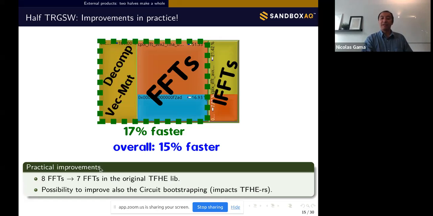And since the FFT is dominant, and we also decreased at the same time the vector-matrix product and decomposition, overall that led to something that was already 15% faster. And I'm pretty sure that the same thing will also impact larger precision, like blind rotate and circuit bootstrapping. So that's something that is really worth investigating.